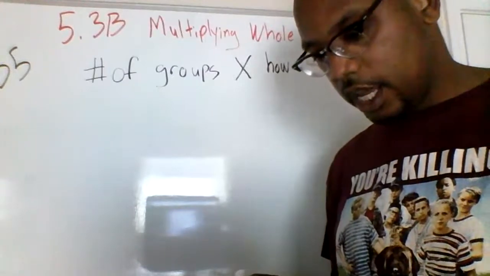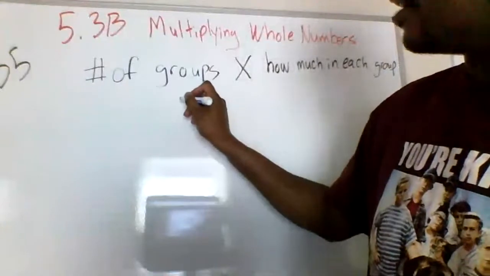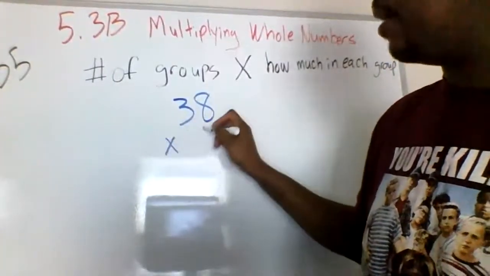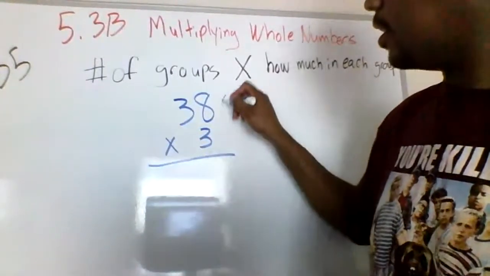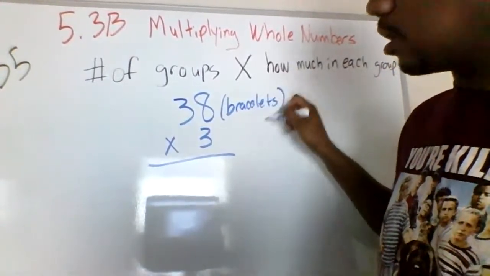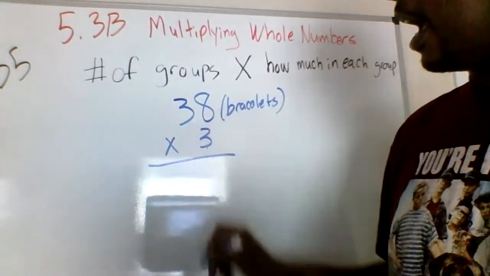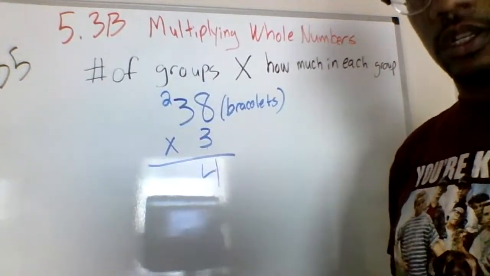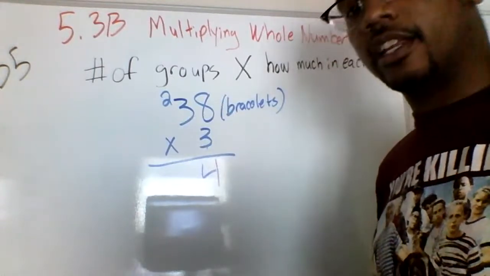And each one of them is going to make 38 bracelets. So that's 38 bracelets each times three people. Again, this is the number of bracelets. Now, 3 times 8 is 24. 3 times 3 is 9.